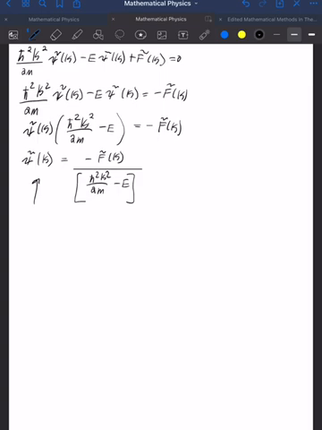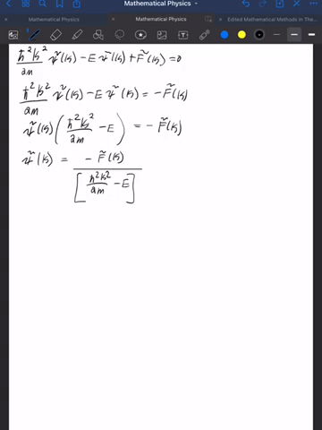So if we want to solve for psi of x, can we not take the Fourier transform, or the inverse Fourier transform, of both sides? And the answer is yes, you can. So you can move between psi of x and psi tilde of k by taking those respective Fourier integrals.